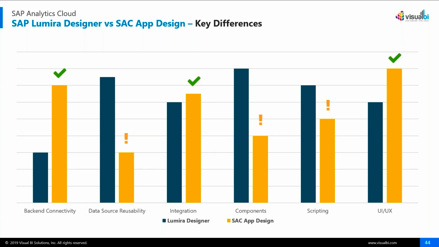We have been creating a lot of components to fill in the gaps that the native components cannot do with SAP Lumira Designer, but still the custom SDK provides you a lot more options. So definitely SAP Lumira Designer is the winner, but not for long, because SAC App Design is going to have a custom SDK release soon, and it is maturing much more quickly than SAP Lumira Designer.